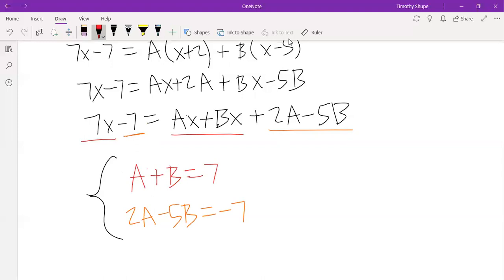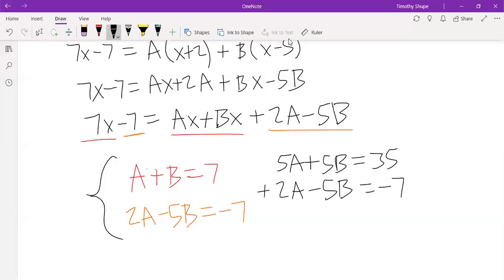So I have these two equations formed by grouping the terms that had x's and the terms that didn't have x's. Now I'm going to solve this using either substitution or elimination. In my opinion, this one's going to be best solved using elimination. So I'm going to multiply that top equation by 5 so that I can add the two equations together. So I get 5a plus 5b is equal to 35. And then I can copy down the bottom equation as it was.